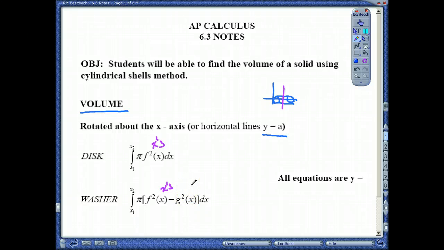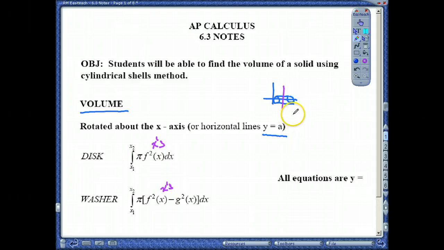Well, when we were working on one of our homework assignments, you had to find area and volume. We were working on those AP questions, and I had made a statement that really wasn't altogether true. In that statement, I told you that when you're finding the area, you can do that with respect to x or with respect to y, whichever one you feel is easier.